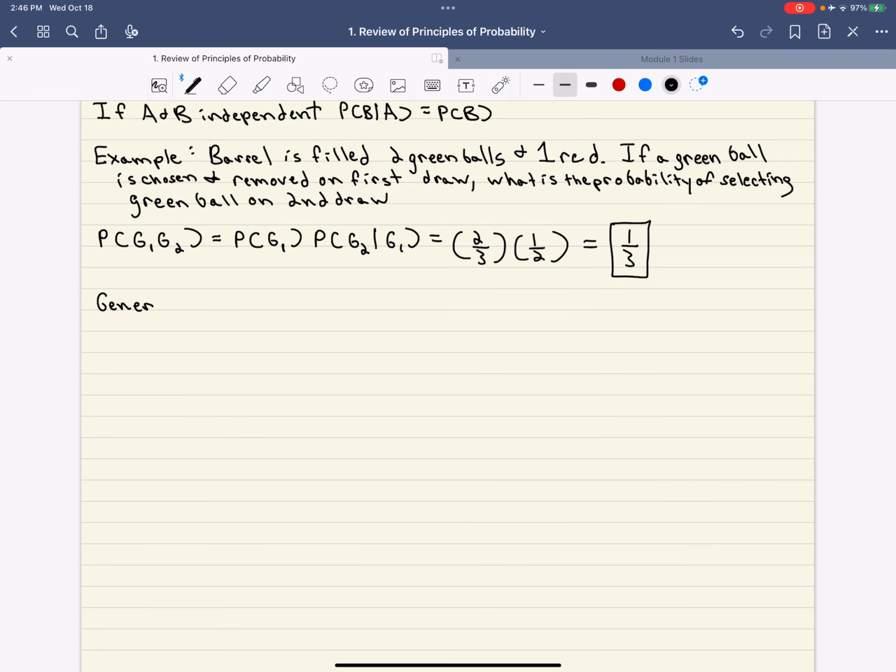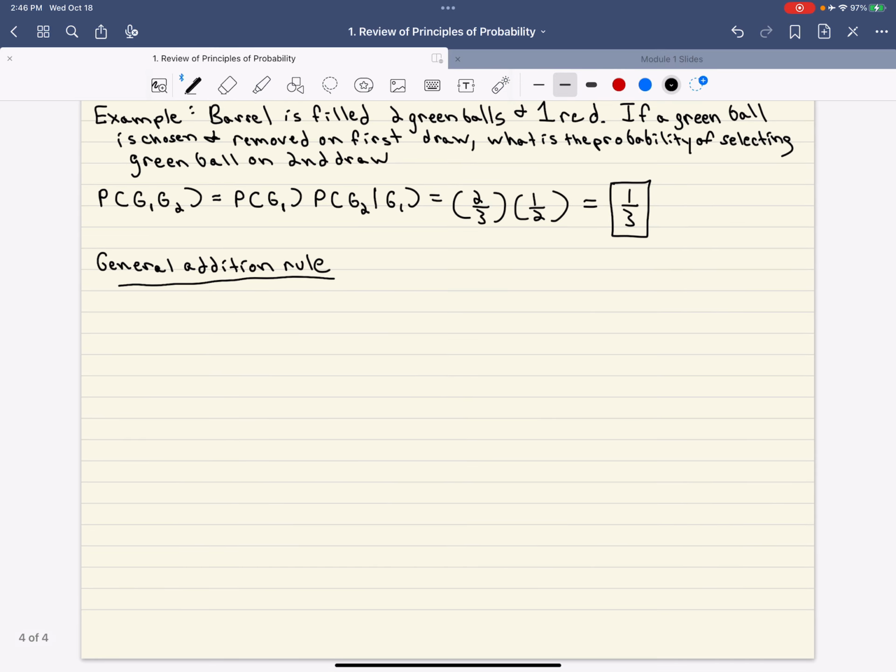Other sorts of general definitions I want to go over. For mutually exclusive events, we talked about using the addition rule. But now I want to talk about the addition rule for the case where we don't have mutually exclusive events. And so here, to calculate the probability that A or B occurs, where this little U that I'm drawing here means union, what we would do is we would add up the probabilities of either A or B occurring, right?